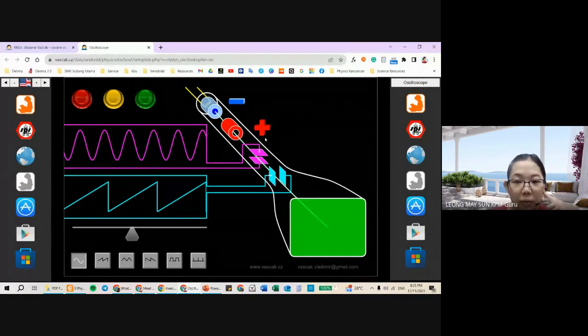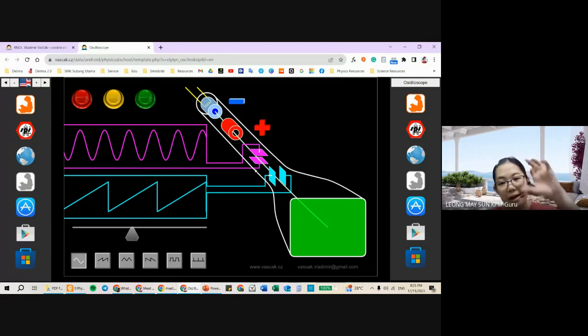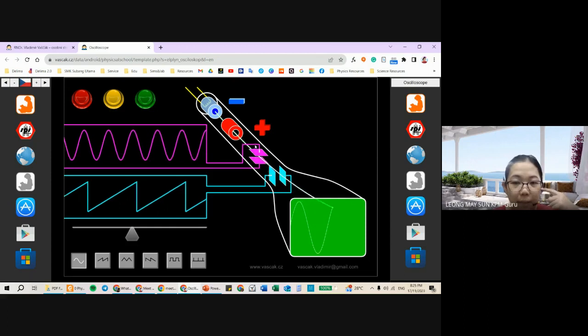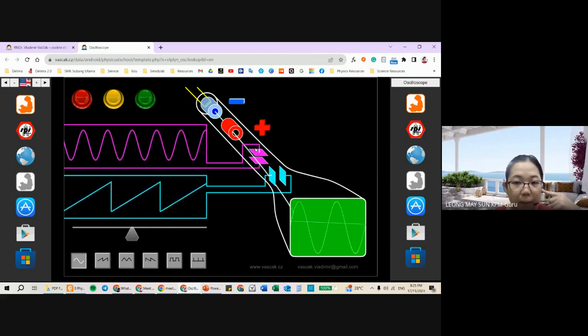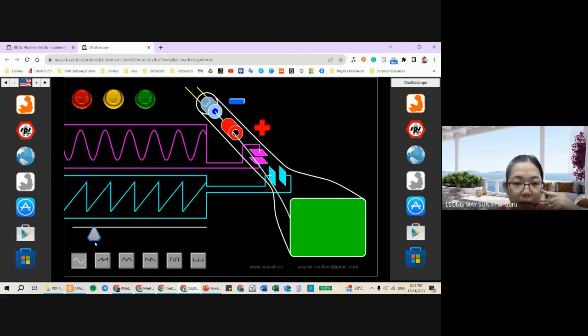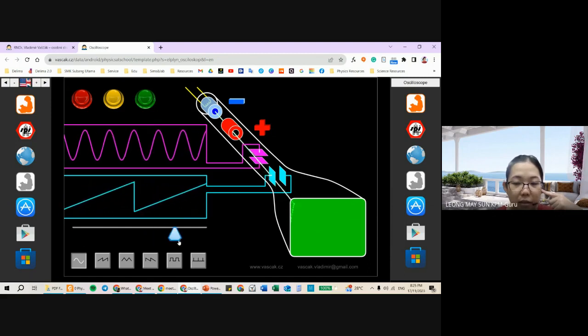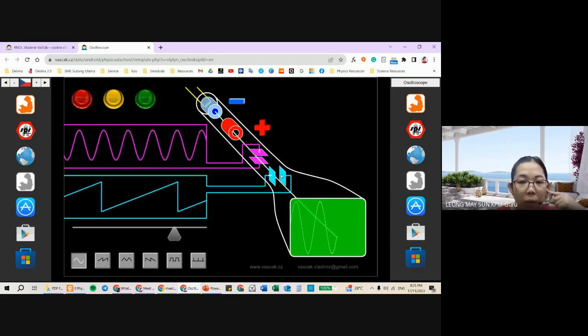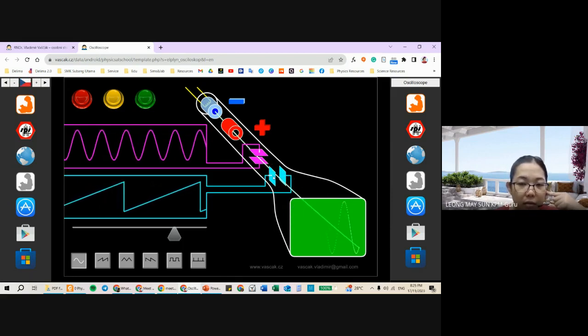If there are two plates, the purple color one is the y-axis deflection. The blue color cyan one is the x-axis deflection. So when I start this, the purple color line will cause it to move up and down, but the blue color line will cause it to move left and right. That's the main purpose. How does it actually cause this to happen?